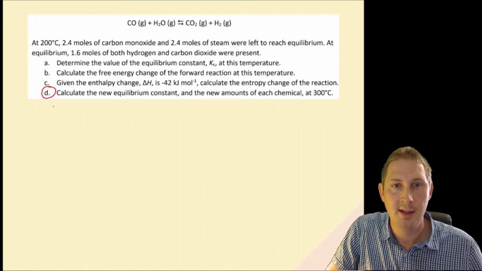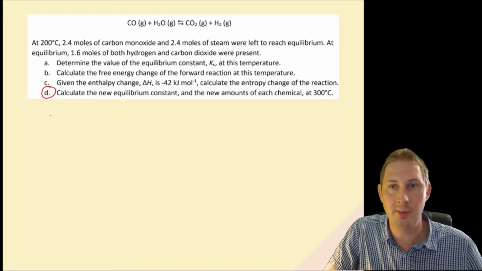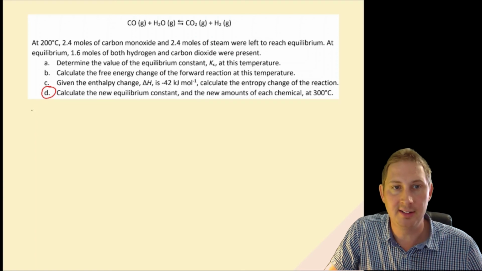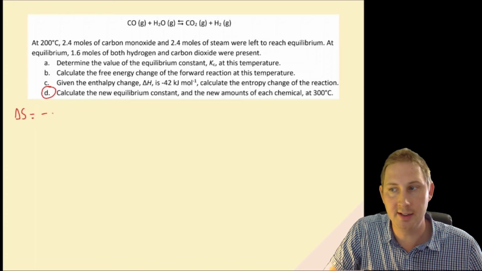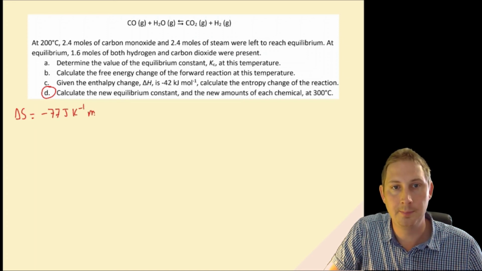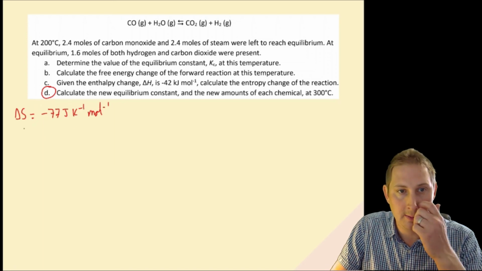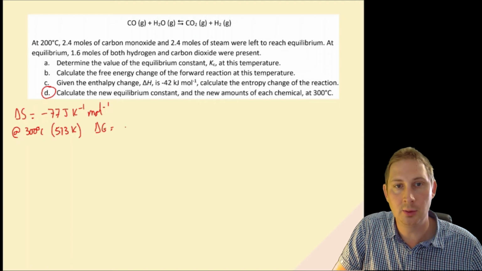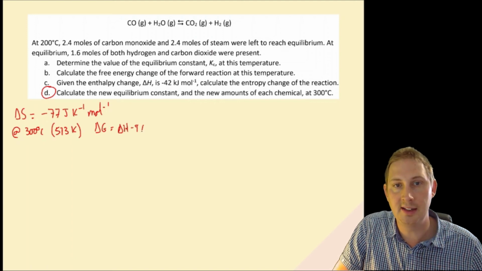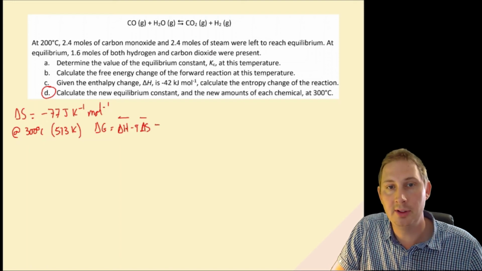D. Calculate the new equilibrium constant and the new amounts of each chemical at 300 degrees C. Well, we now know that delta S is minus 77 joules per Kelvin per mole. So at 300 degrees C, which is 573 Kelvin, delta G equals delta H minus T delta S, assuming of course that they don't change, which they will do, but only slightly.